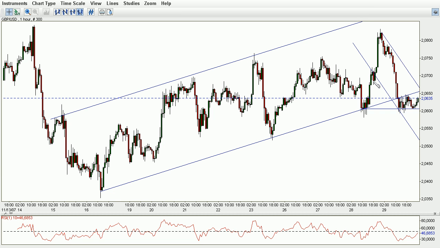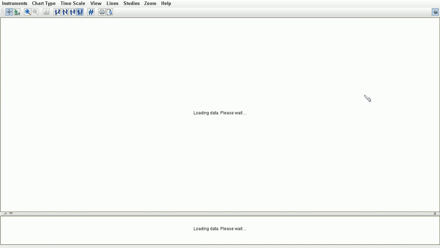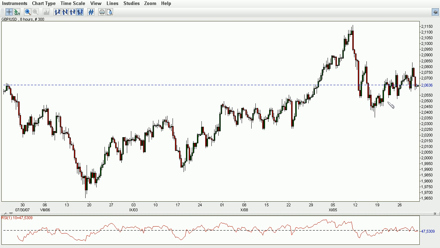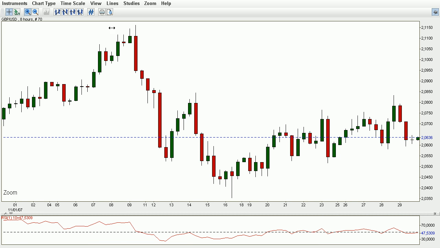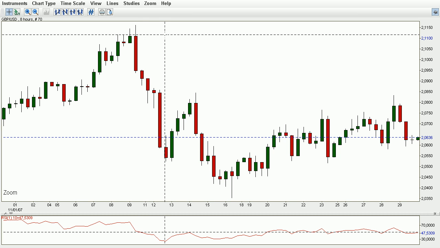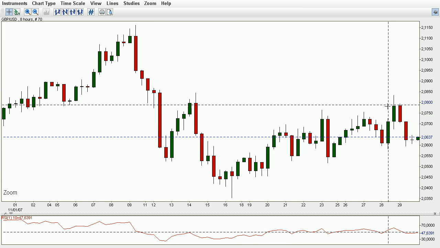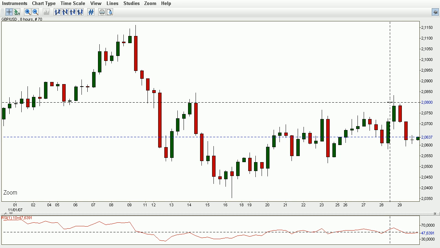decline, since if we go to the 8 hours chart, we might see a couple of things here also. First of all, we have this major peak here at 2.1100, and then we have just established a lower low, and then we have probably touched a lower high.